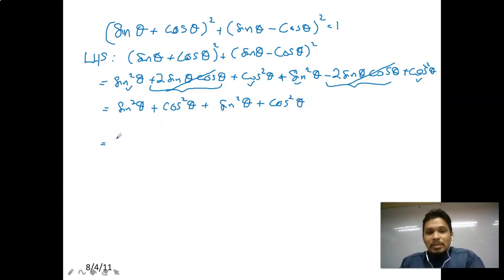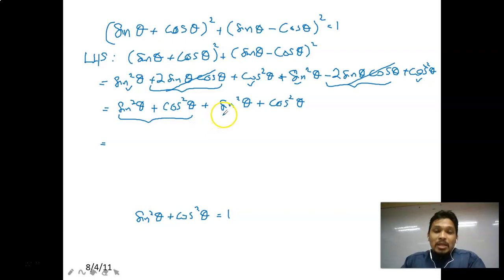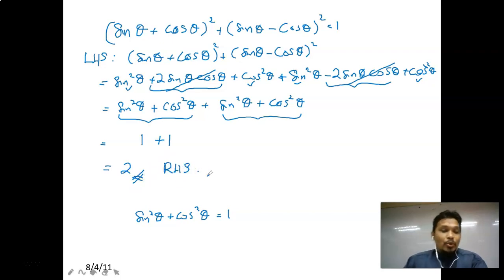Do you still remember one of the identities we found earlier? Sine squared theta plus cos squared theta equals 1. Good. So from here, we got two terms of sine squared plus cos squared. It means that it is 1 plus 1 equals 2, equal to the term on the right side, which is 2.